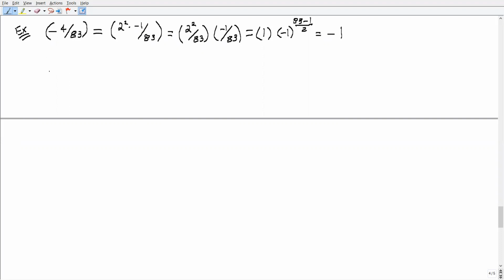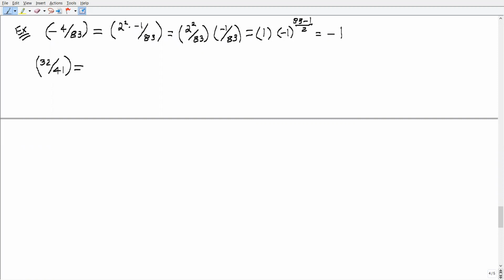Let's have another example: the Legendre symbol of 32 over 41. 41 is not dividing 32.